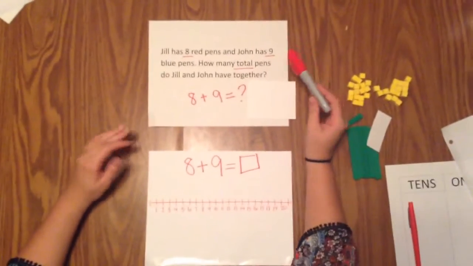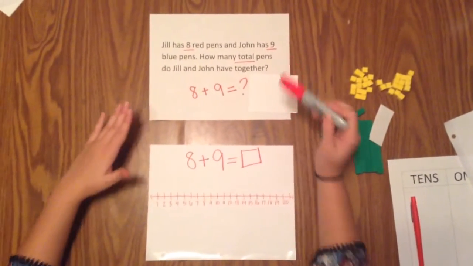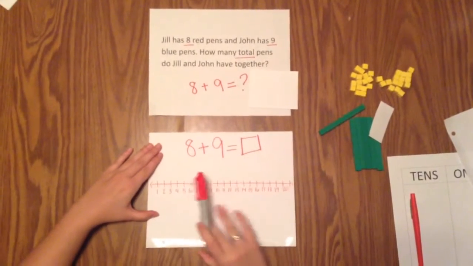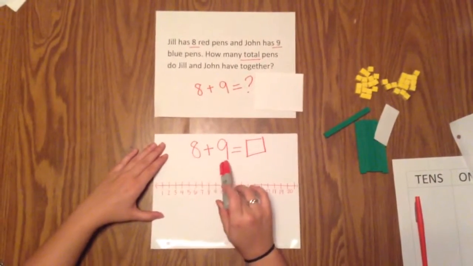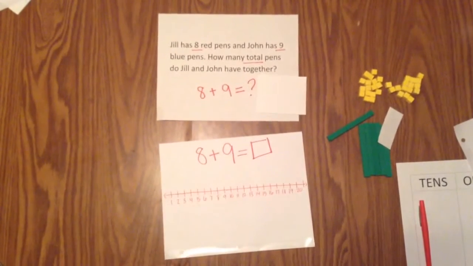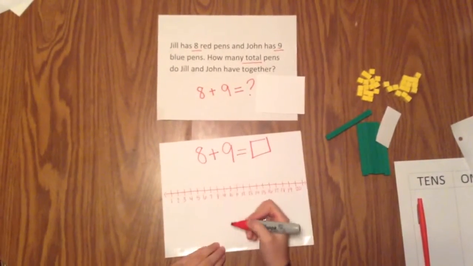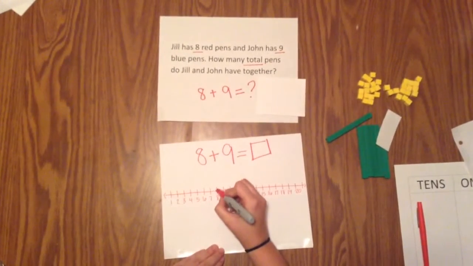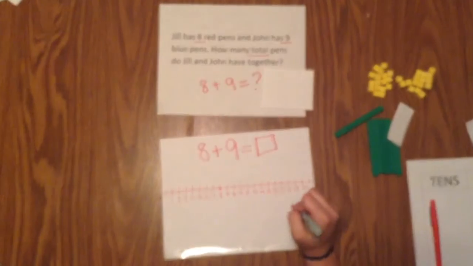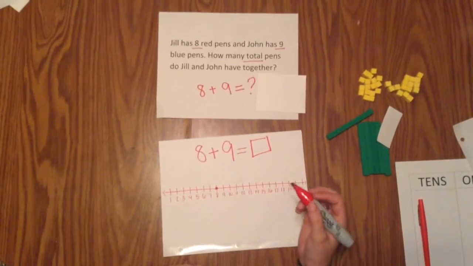Now we're going to use the same word problem and solve it with a number line this time. So we still have 8 plus 9. Since we're adding 8 first, we're going to find the notch 8. And then since we're adding 9, we're going to move 9 units over to find the answer.